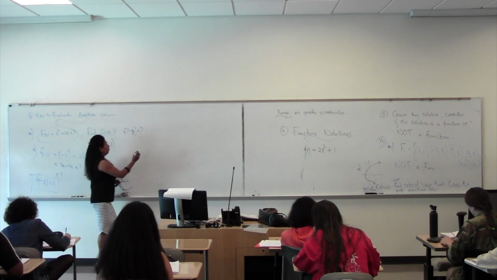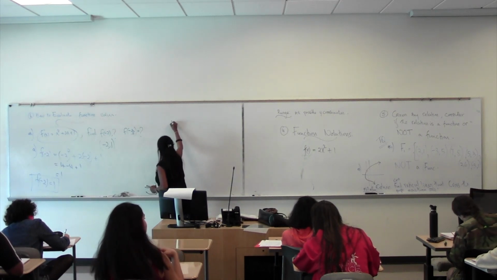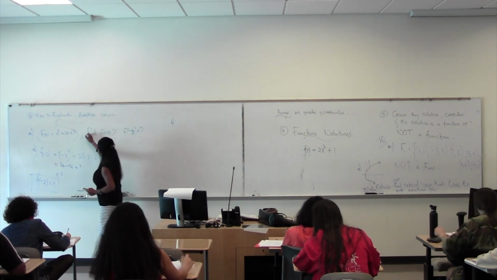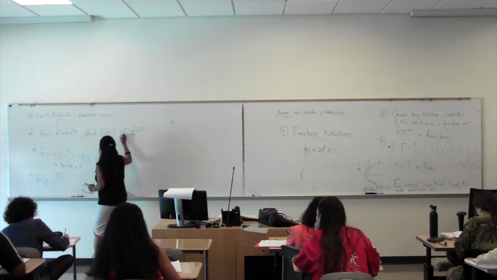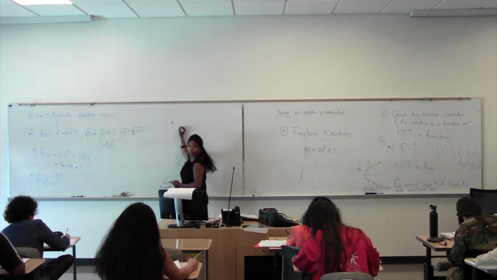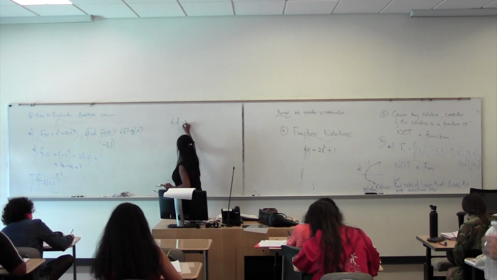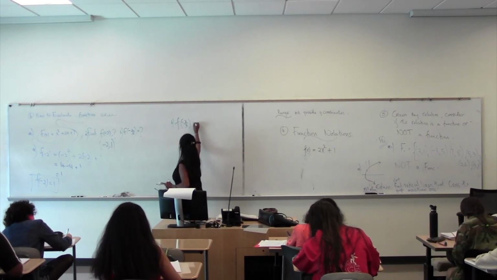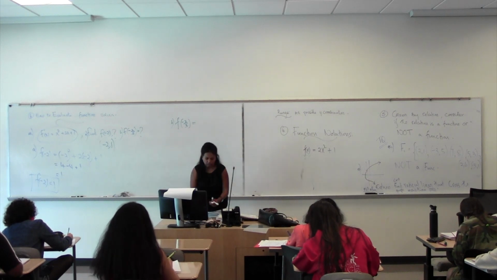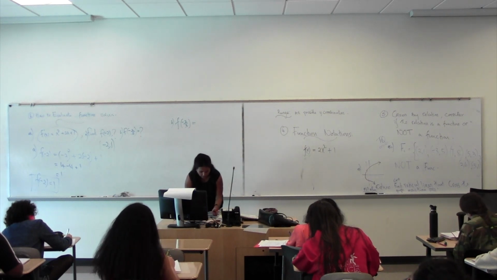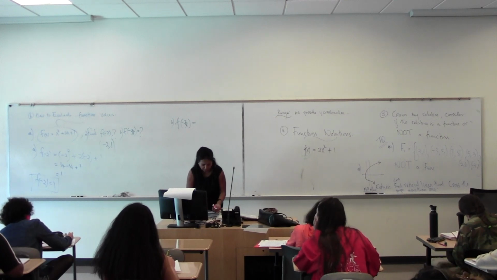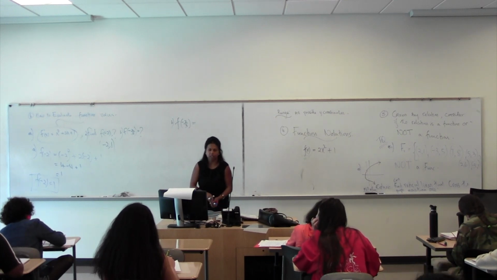Okay, so now this example, part B. This is A, this is B. Part B says what? F of negative 2/3. Now guys, I'm sorry to say this, on the test some of you guys have lots of problems with fractions.